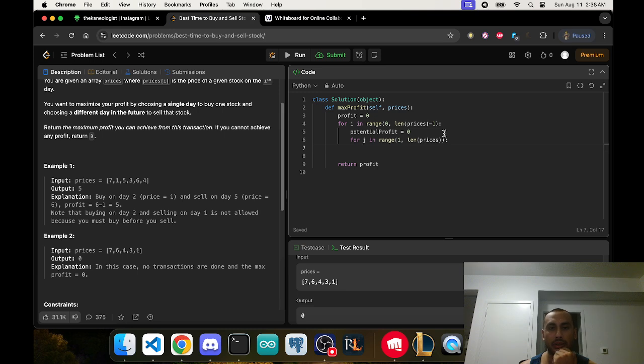So for now, I'm going to compare potential profit to the max and keep swapping it out till I get to the end. Let's call it real profit, and then let's compare the real profit versus the potential profit. So we do that.